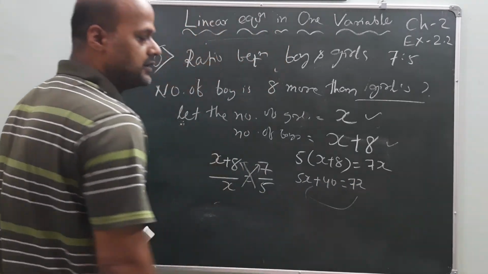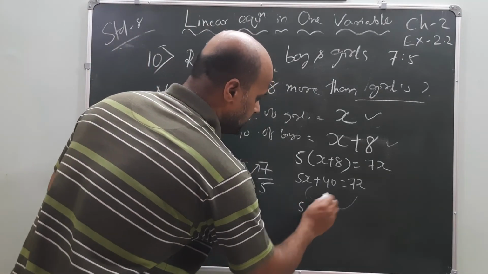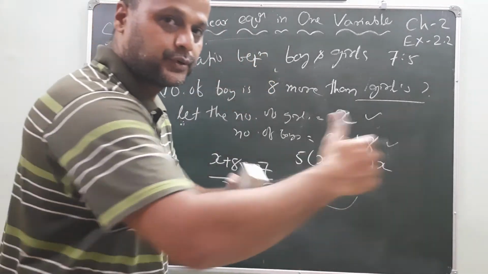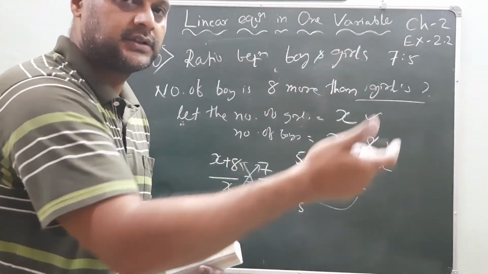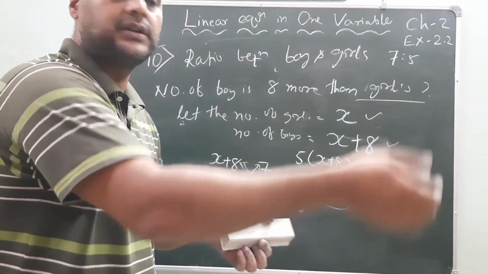Now bring the variable in one place. In this case, because variables are present on both sides, what are we studying? That we have to take the constant on one side and the variable on the other side.